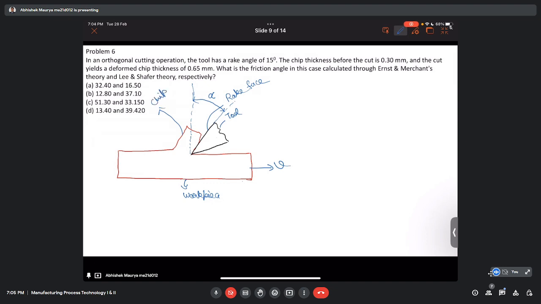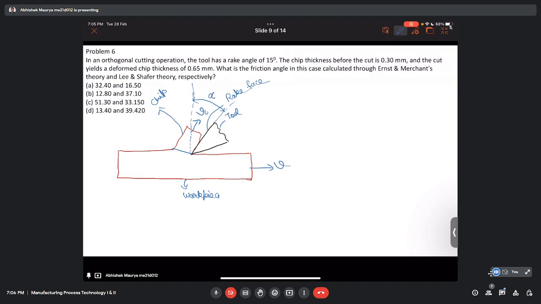Our workpiece is moving towards the right side with a velocity of v. At the same time, our chip is also moving with some velocity that we don't know, that is called vc. Because of these two relative motions, the chipping action takes place along this line. And if you remember, what is it?